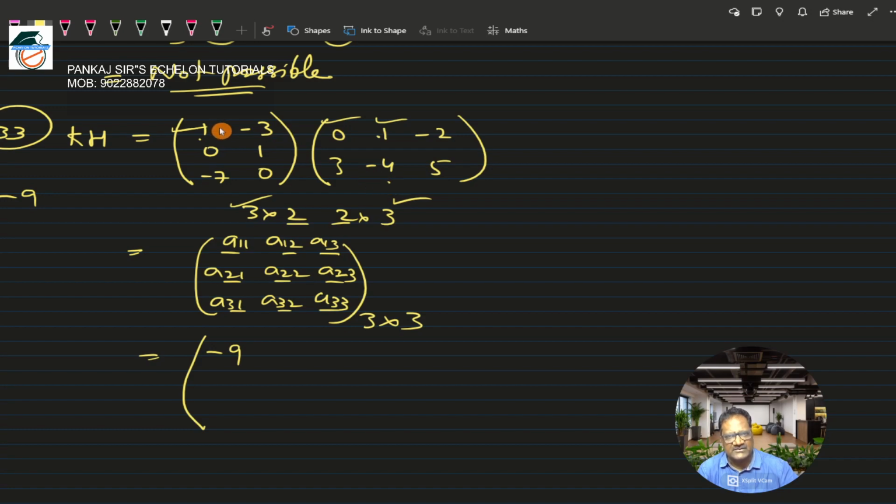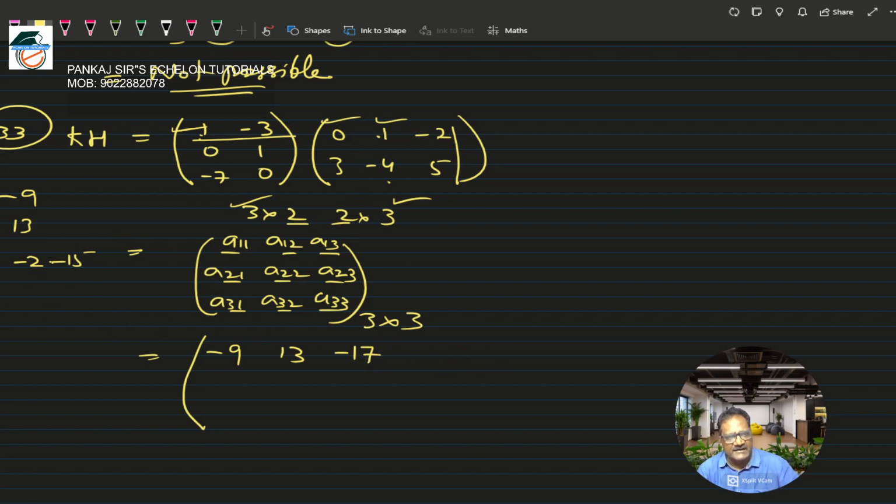So 1 plus 12 is 13. Now A13 will be first row and the third column. So 1 into minus 2 is minus 2 plus 5 into minus 3 is minus 15. Minus 15 minus 2 is minus 17.